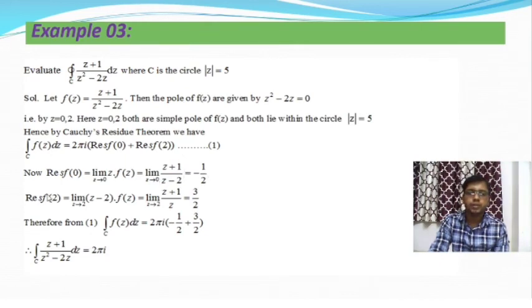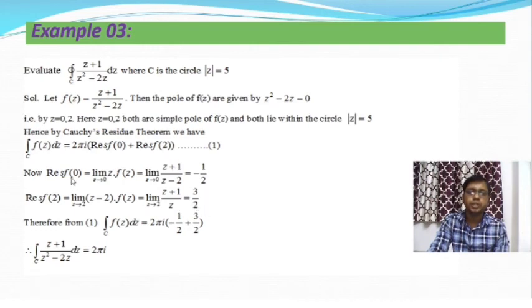And after that we find the residue at the point 2, which will be limit z tends to 2 of (z − 2) times f(z), and after putting in the value of f(z), we get limit z tends to 2 of (z + 1)/z, and now we put z = 2 in this expression, and it will give 3/2.